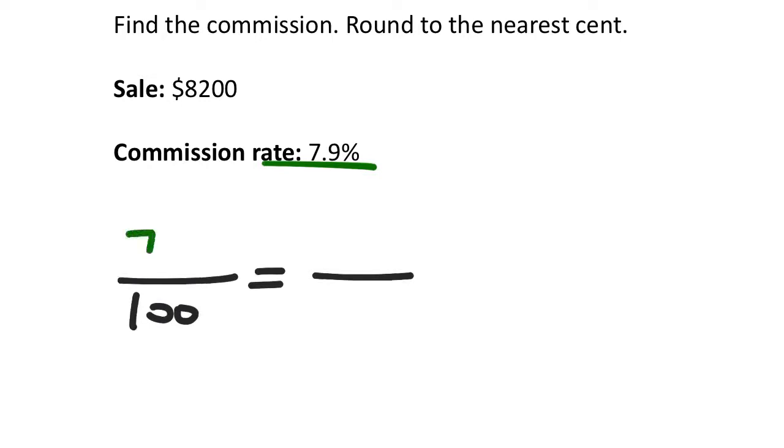So we got 7.9%, so 7.9 over 100. And the sell price still is the full amount, which would have been 8,200 bucks. I just want to know what part of that 8,200 is. So the unknown is the x, the numerator of that fraction. And now I can solve this, and this will tell me the amount of the commission.